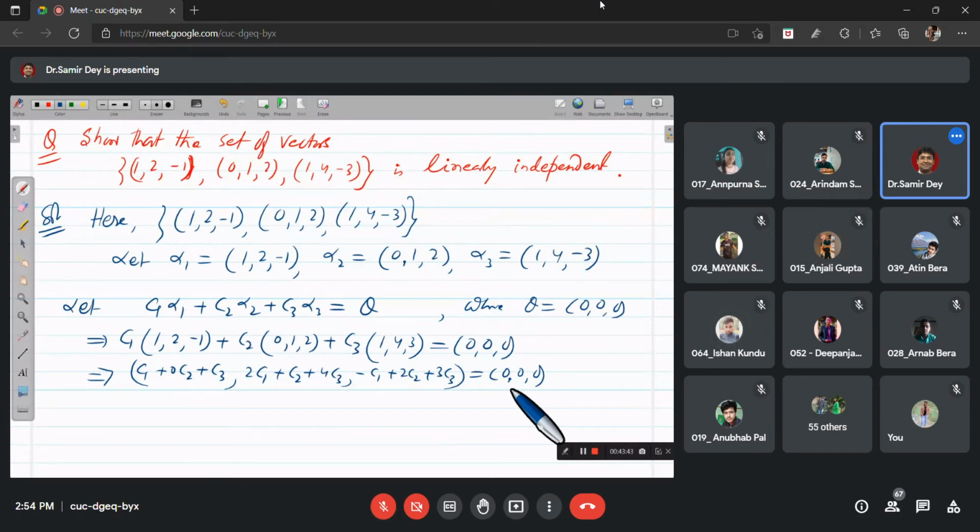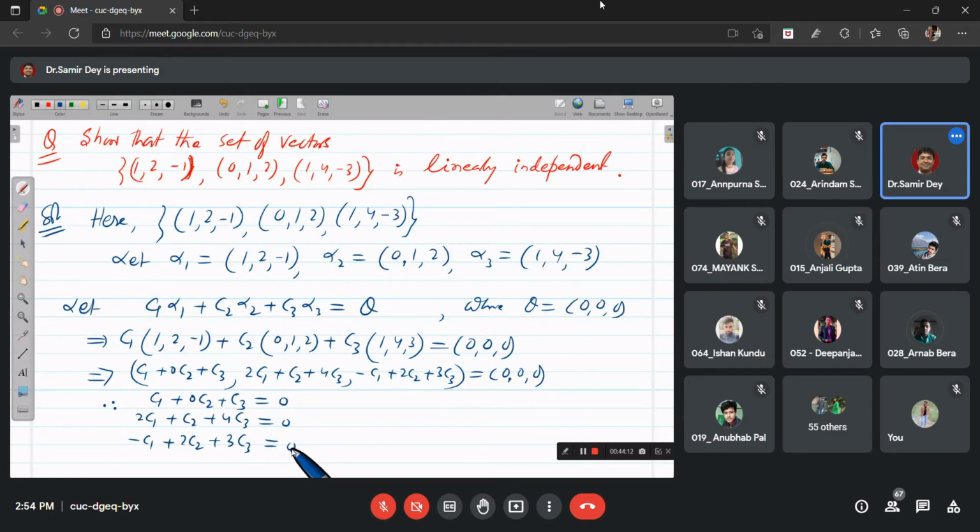So from here we may write C1 plus 0C2 plus C3 equals 0. 2C1 plus C2 plus 4C3 equals 0. And minus C1 plus 2C2 plus 3C3 equals 0. Is it clear or not?